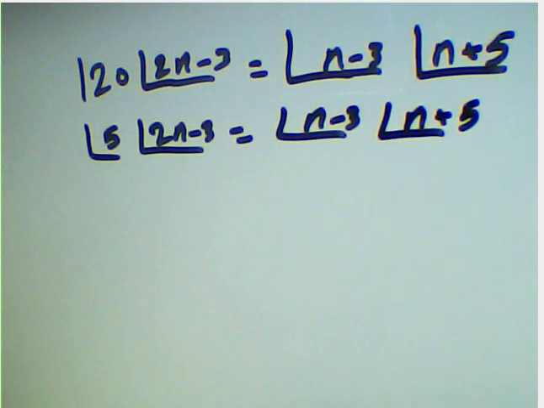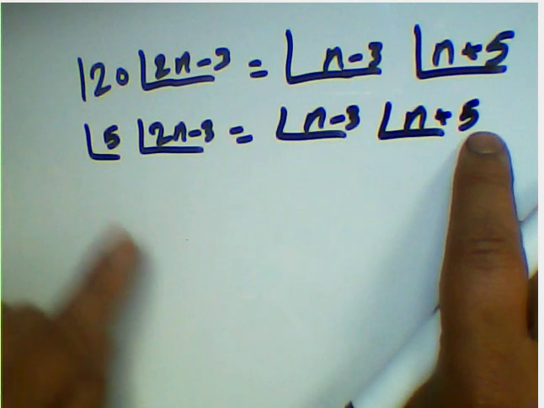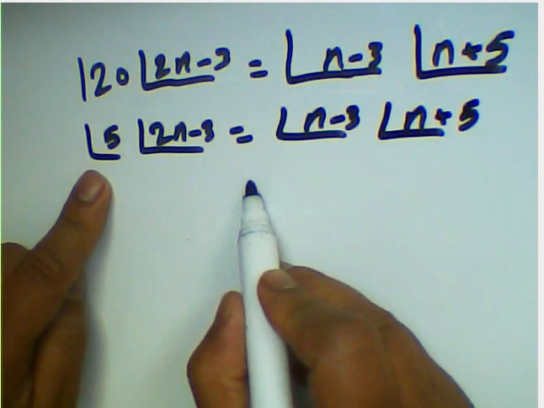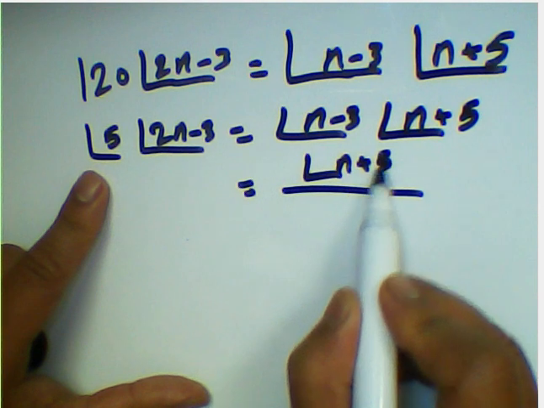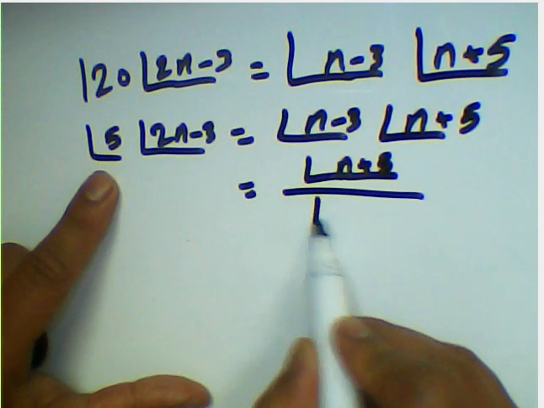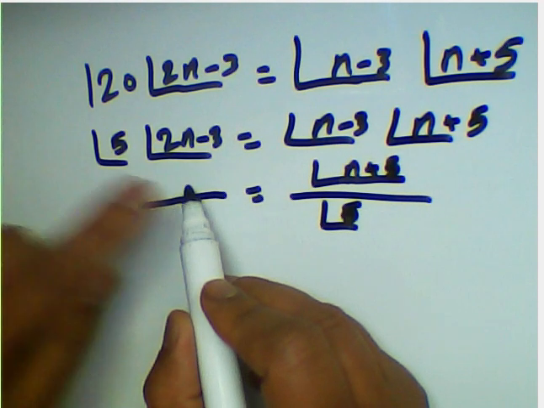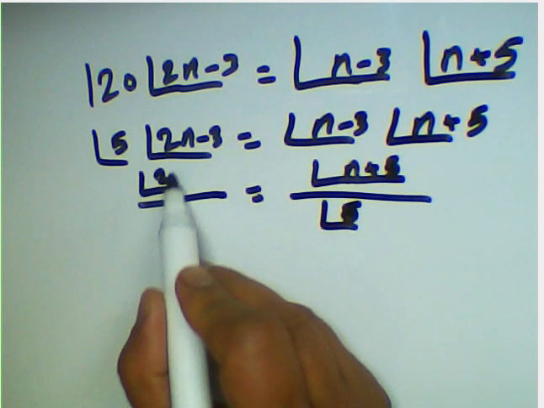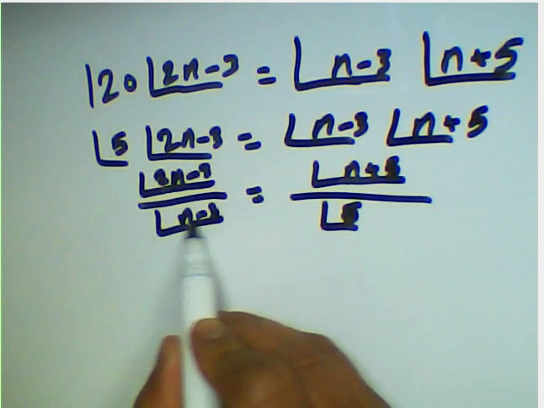Okay, we can find factorial n plus 5 over factorial 5 here, right? Factorial n plus 5 over factorial 5, and here factorial 2n minus 3 over factorial n minus 3.